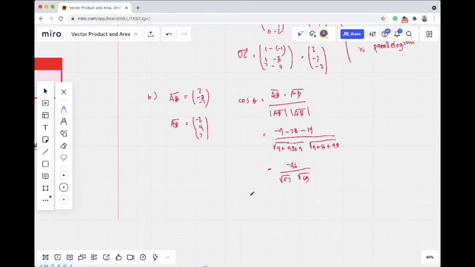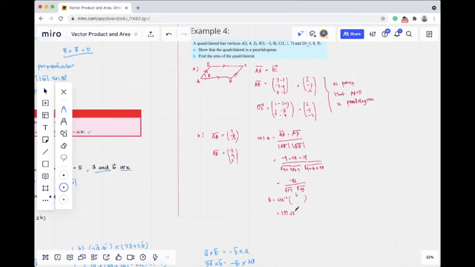So theta is cos inverse of this. And the result, using GDC, you can find that the angle theta is 137.18 degrees.